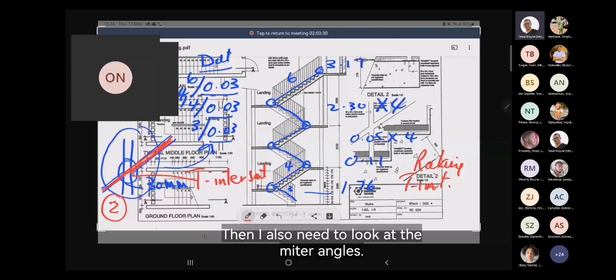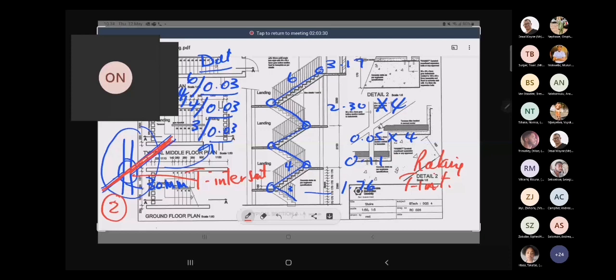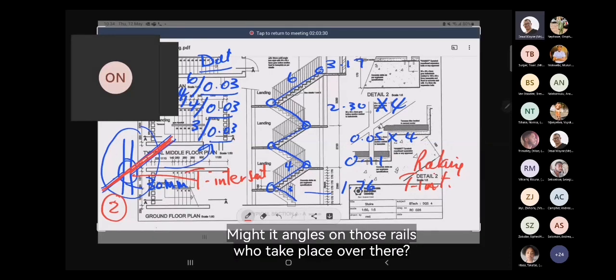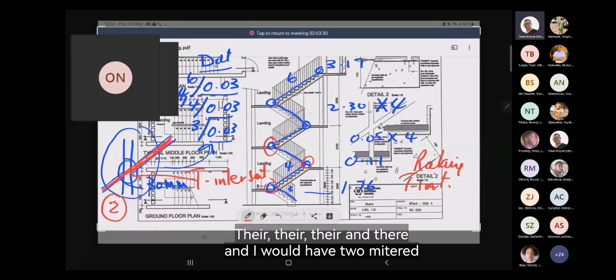Then I also need to look at the mitered angles on the last. Mitered angles on those rails would take place over there, there, there, there, and there. And I would have two mitered angles.